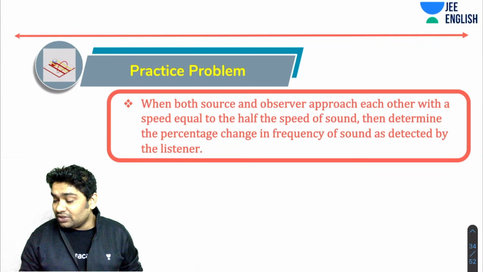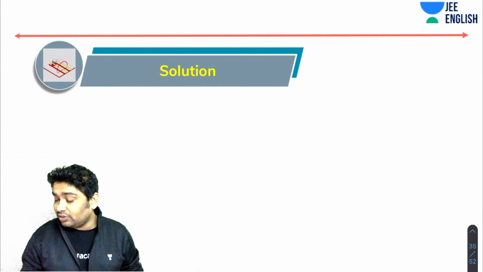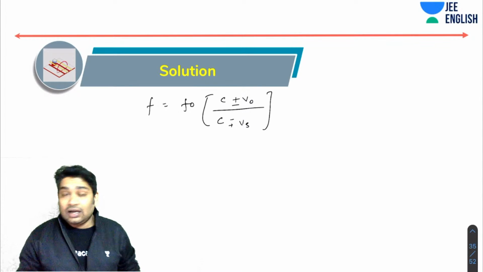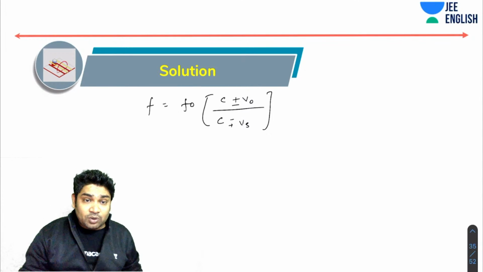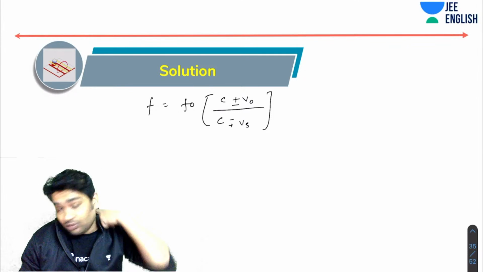So both the observer and the source approach each other with a speed equal to half the speed of sound. I already know the equation of Doppler's effect, that F equals F naught times C plus or minus V observer over C minus or plus V source, correct? And these speeds are taken positive when the two are approaching each other, and negative when the two are going away from each other, correct?